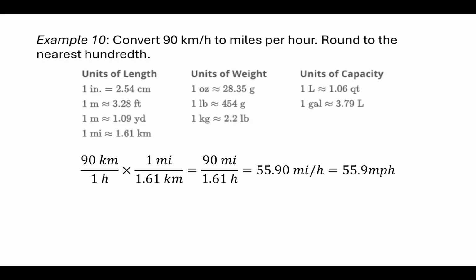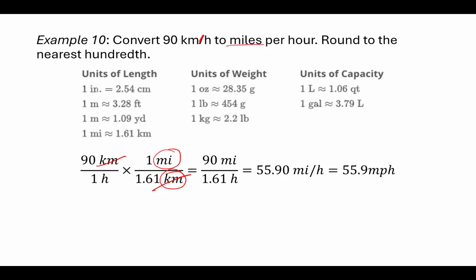It already looks like this line effectively, it represents a fraction. So you put the 90 on top, the hours on the bottom. There's no 1, but you can add it there. And because I want to cancel the kilometers, I'm going to put kilometers on the bottom. So these cancel with this. And then the new units, which is miles, go on the top.